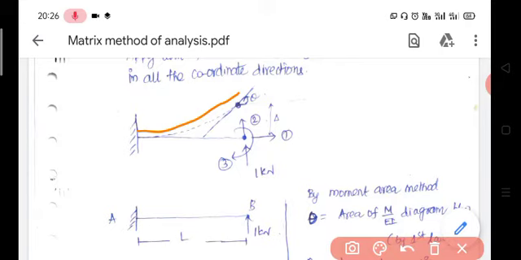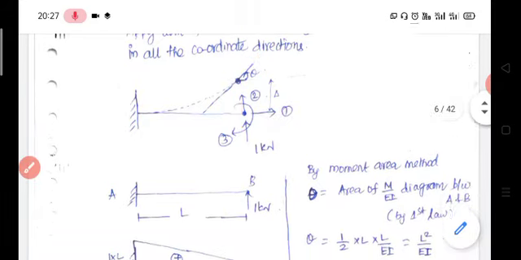Draw a tangent at point A, which is a horizontal line along the axis of the beam. Then draw another tangent at point B. The vertical intercept between the two tangents is equal to the moment of area of the M by EI diagram between A and B about B. For the cantilever beam, this vertical intercept is equal to the deflection at the free end. That's why I prefer the moment area method for cantilever structures.